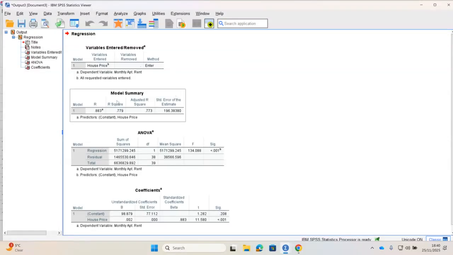For that, you look at the model summary table. You look at the model summary table, the first value is your R.